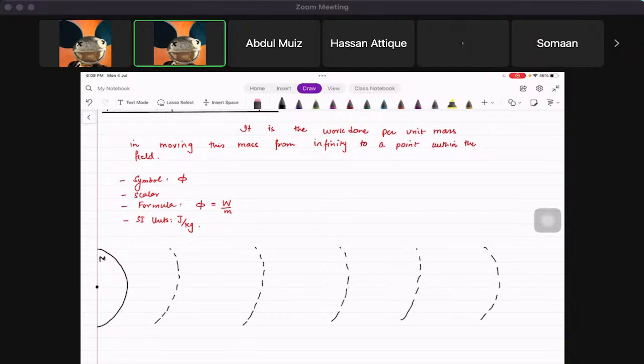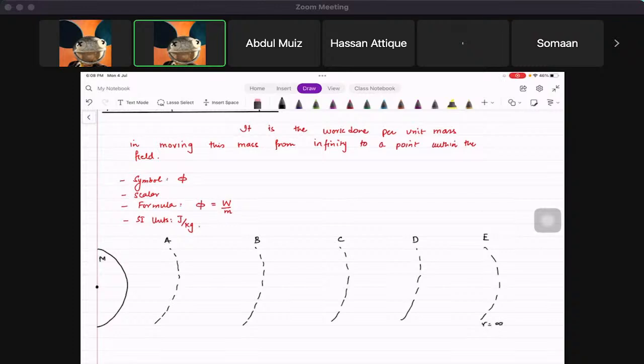Okay, so let's call this A, B, C, D and E. Now just like we did before, we should remember that at E, suppose that this is the point where r is at infinity.